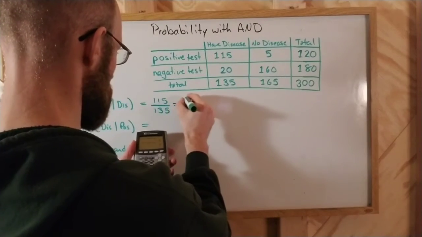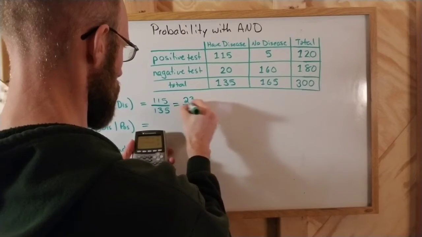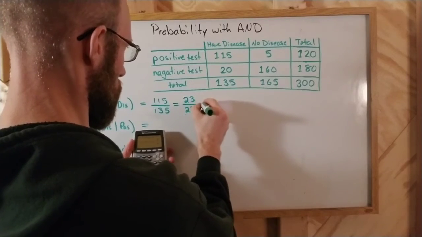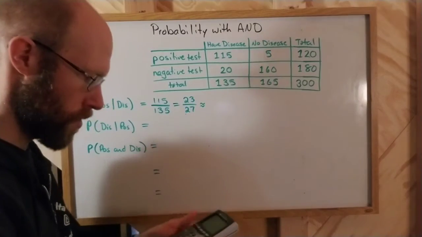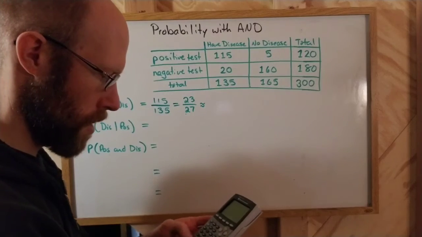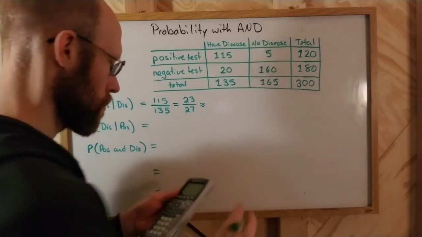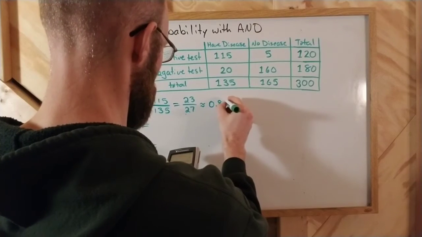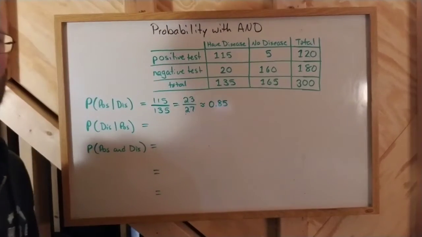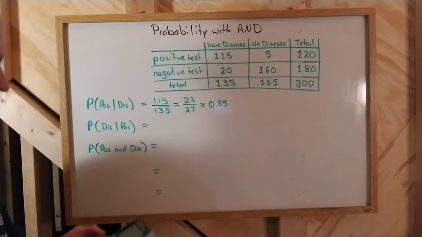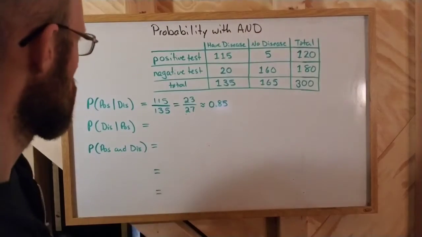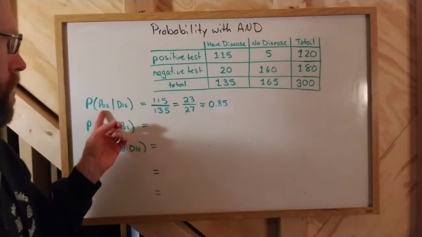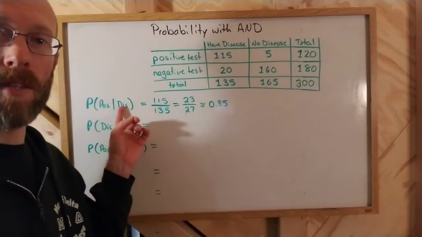As a decimal, 23 divided by 27 is approximately 0.85, or about 85%. That's the probability of getting a positive test given that you have the disease.